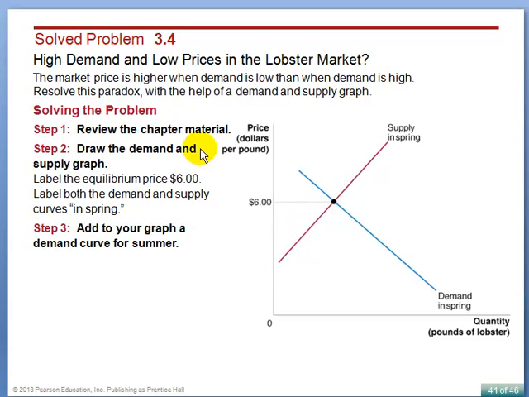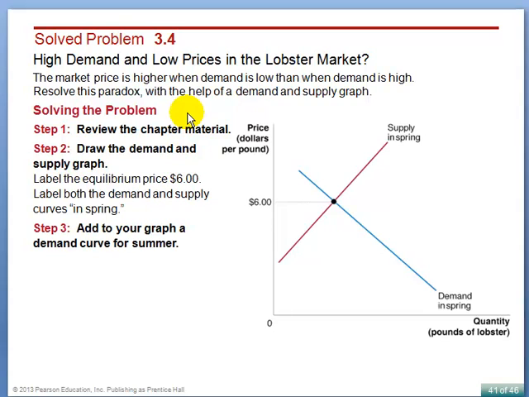In order to understand the interaction of the demand and supply forces, let's check an example here. The question is, during a typical spring, when demand for lobster is relatively low, remember, demand for lobster is relatively low, the lobstermen can typically sell their lobster catches for about $6 per pound.